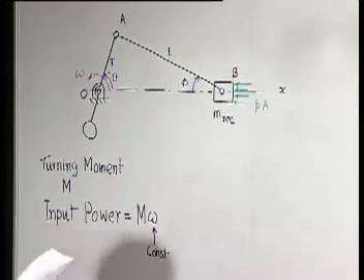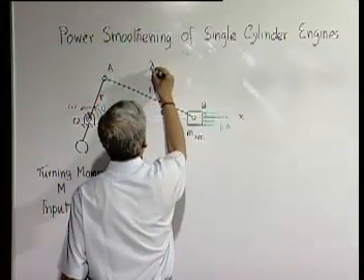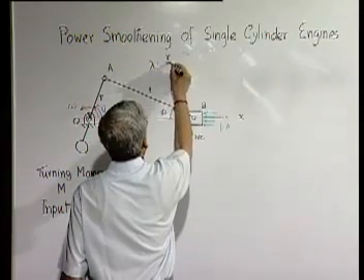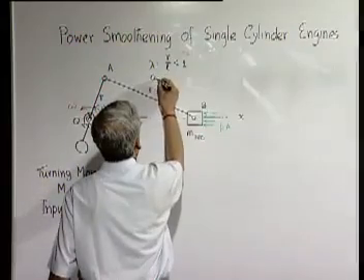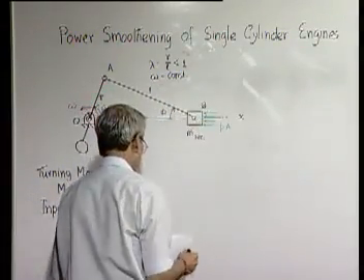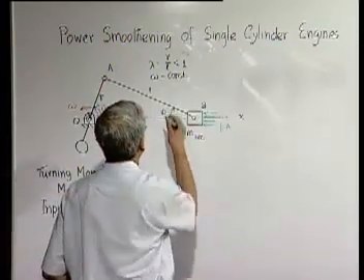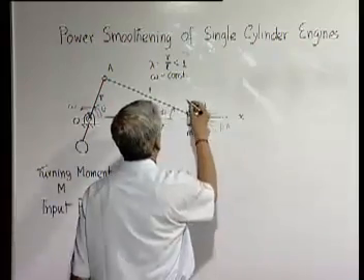So to do that, we again take care of certain points, like lambda is r by L, which is much smaller than 1, and omega is approximately constant. It cannot be exactly constant, approximately constant.